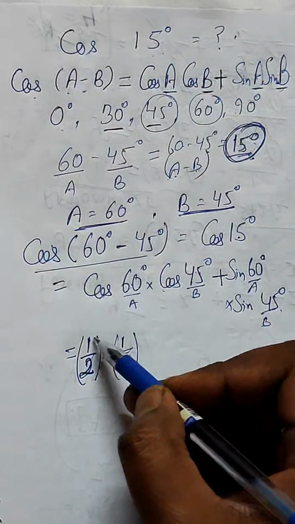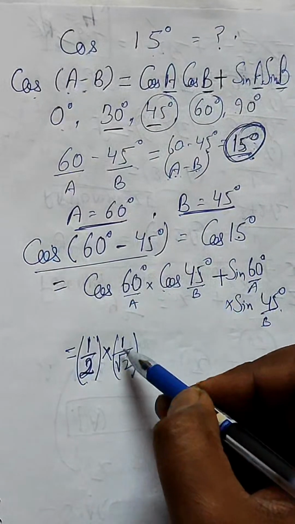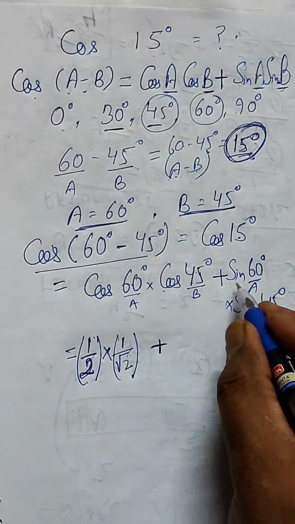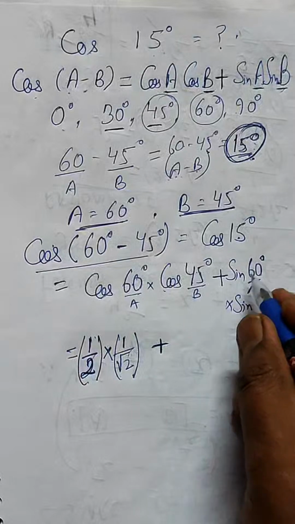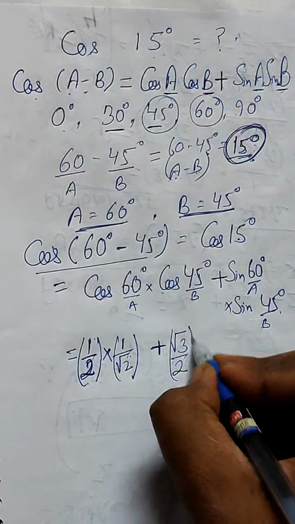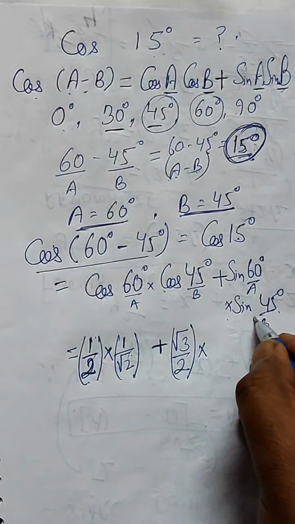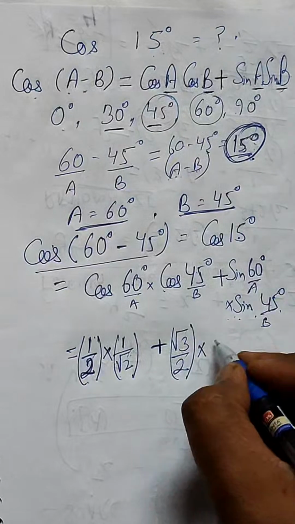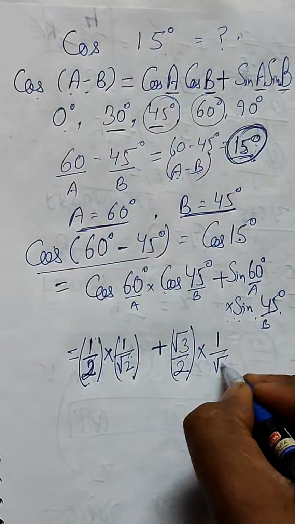So cos 60 is 1 by 2 and cos 45 is 1 by root 2, plus sin 60. What is the value of sin 60? Sin 60 is root 3 by 2, into sin 45. What is the value of sin 45? Sin 45 is 1 by root 2.